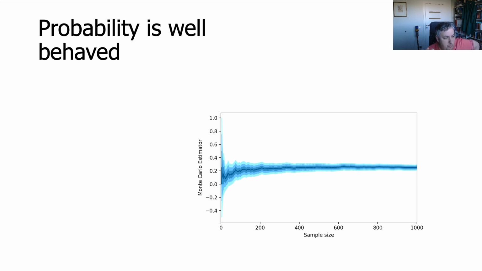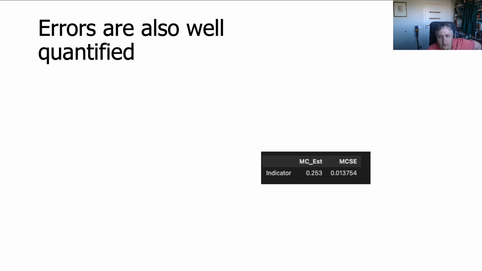That's the property of heavy-tailed distributions: you generate extreme samples, and they do not disturb the behavior in well-constrained intervals. And of course, errors can also be very well quantified. We can estimate the probability and get a Monte Carlo standard error from that, and those values are reasonable and consistent with what we observed.